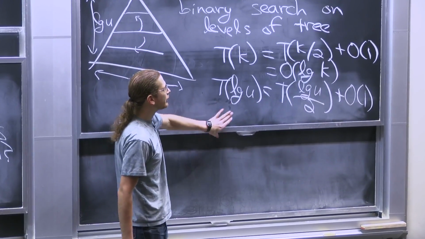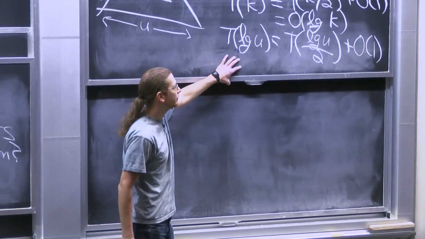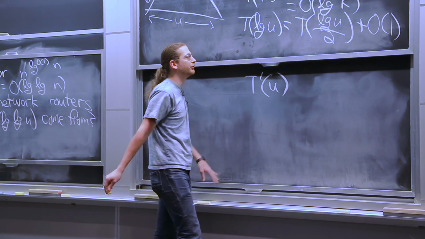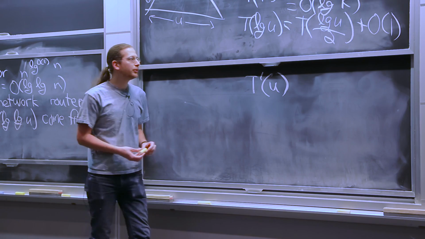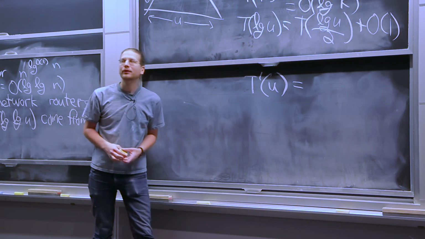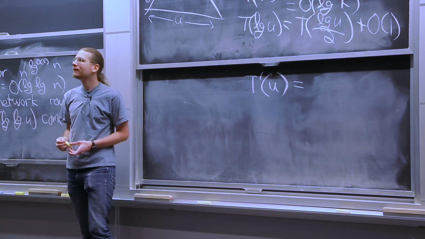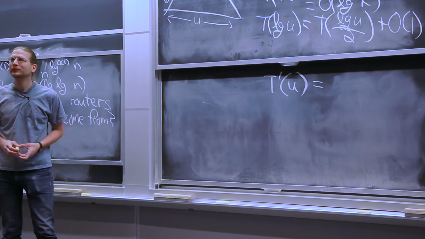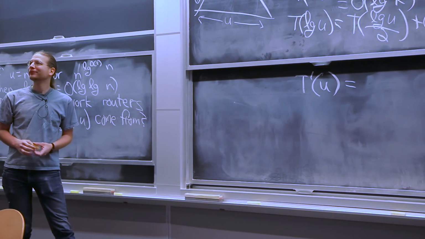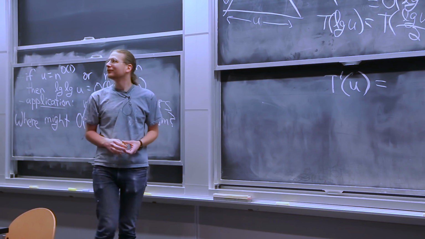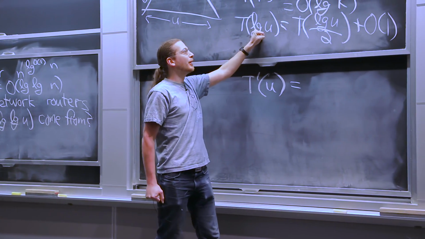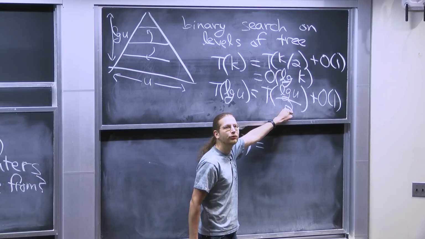Now, that's in terms of log u. What if I wanted to rewrite this recurrence in terms of u? If I wanted to have this still solve to log u, what should I write here? If I change the logarithm of a number by a factor of 2, how does u change?